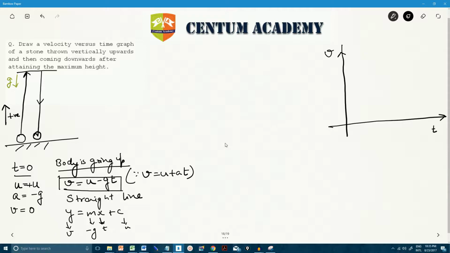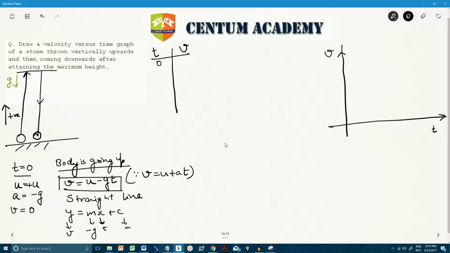Either through the knowledge of coordinate geometry, you know that it is a straight line, or what you can do is you can put values of t and find out the corresponding value of v. Okay, so let's say I am putting t here and v here.